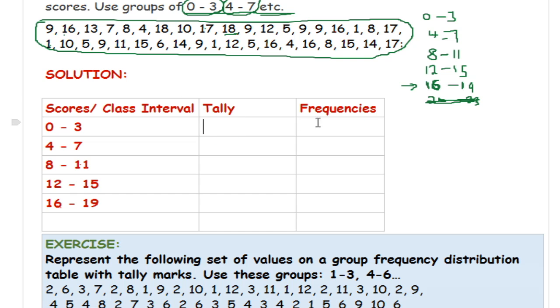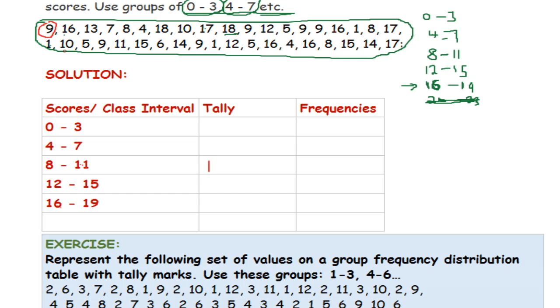The next thing is to write out the frequencies, the number of times the values between these class intervals appear. I'll be using tally marks for that. Let's look at the first one, 9. Nine will be represented by a tally mark, and 9 can be found between 8 and 11, so that will be a tally mark here.